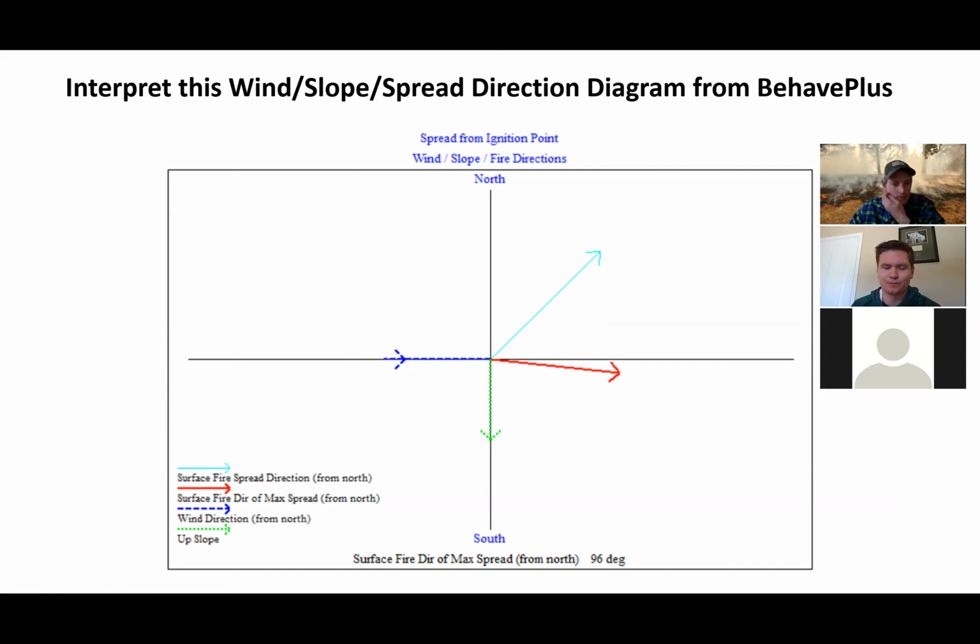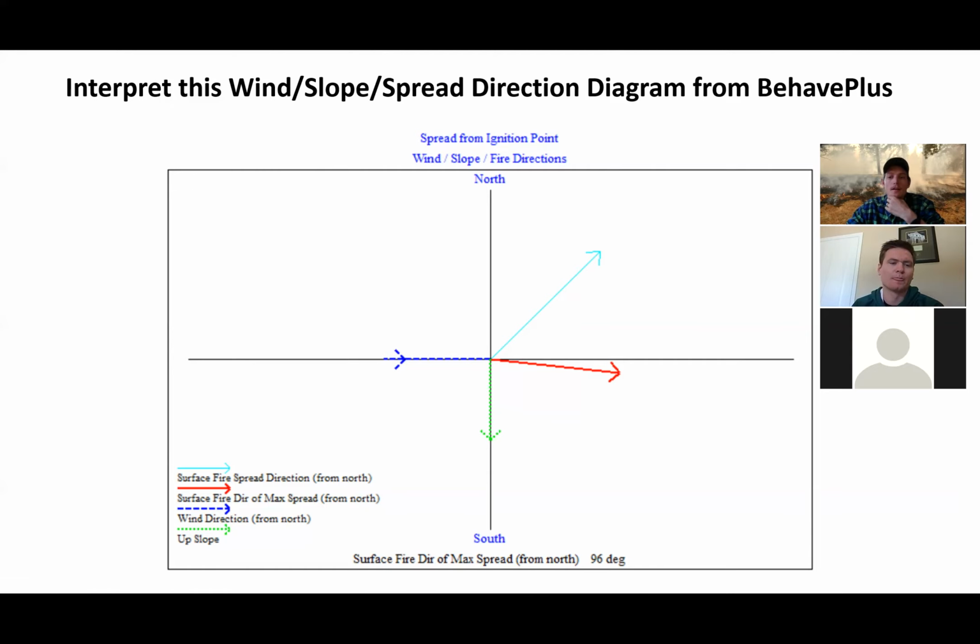Yep, that's correct, that's the method we're using for this calculation. Okay, and the surface fire spread direction should be the max spread, which is 96 degrees, so that's where the head fire is going. Yep.